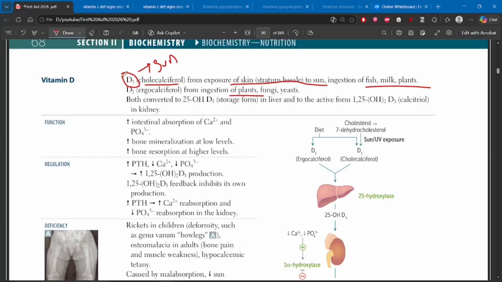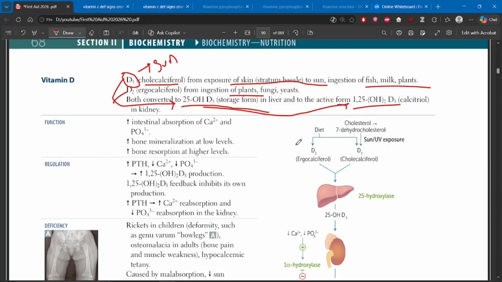They both are converted to 25-hydroxy D3, which is the storage form. And then there is the active form, which is 1,25-dihydroxy D3, calcitriol. Right, so both of them are converted to this, and then this is converted to this.